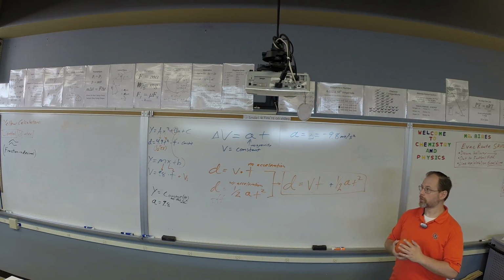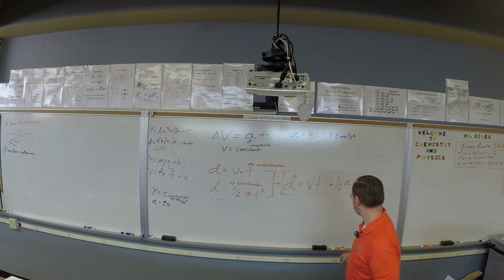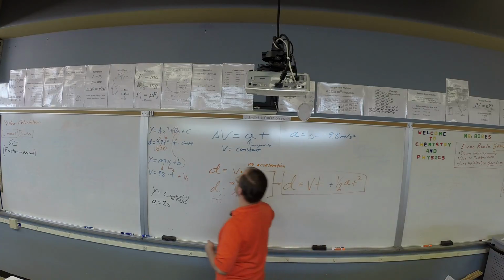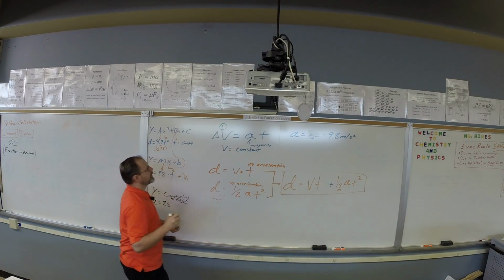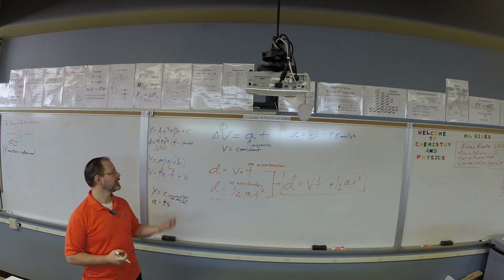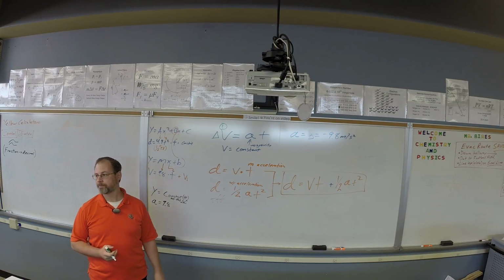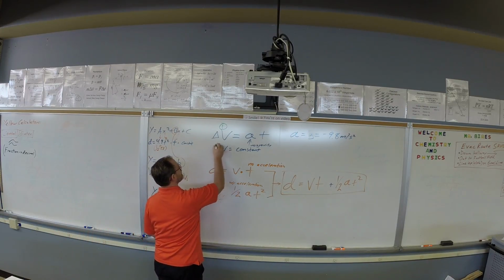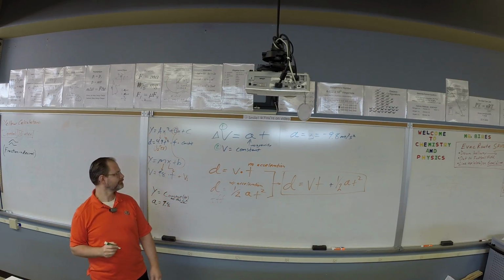So far, so good? So here's our first formula. How much faster does something get when it's being accelerated? Delta V equals AT. If something isn't being accelerated, its velocity is going to be constant.